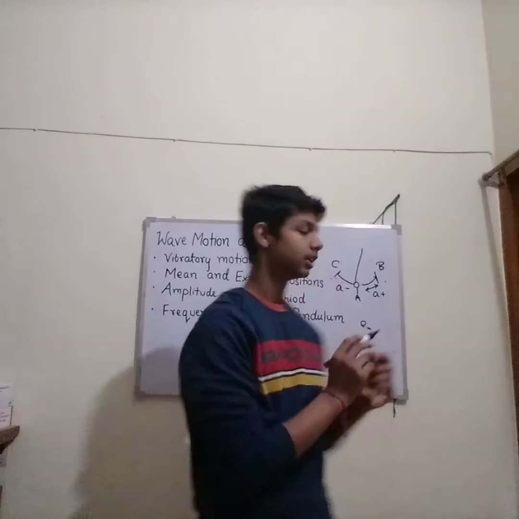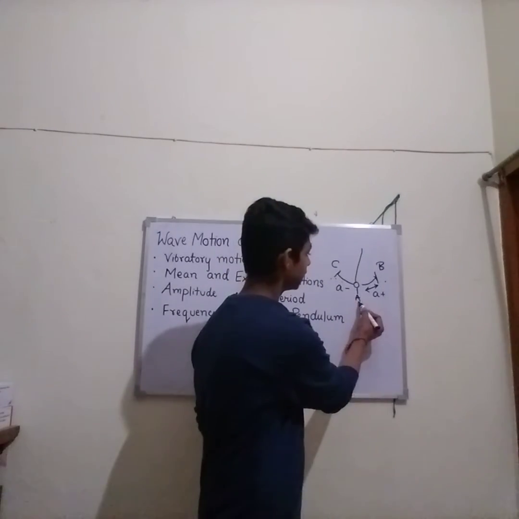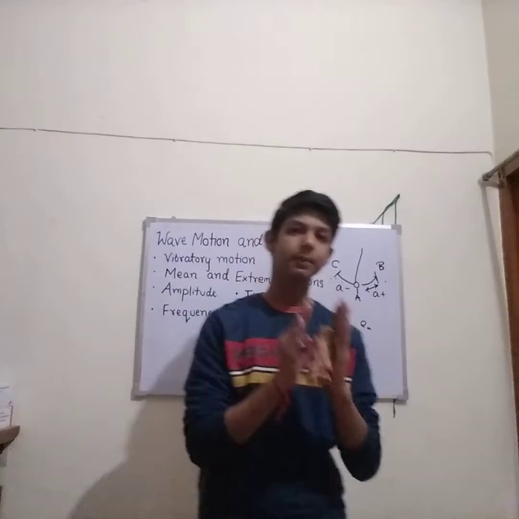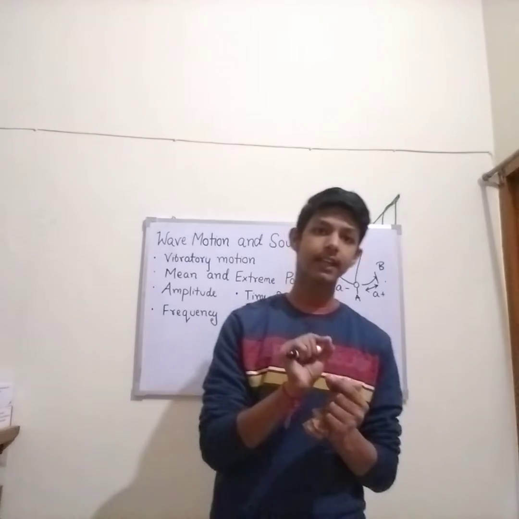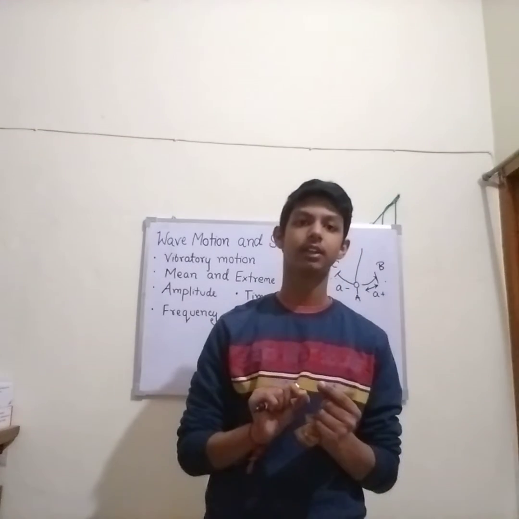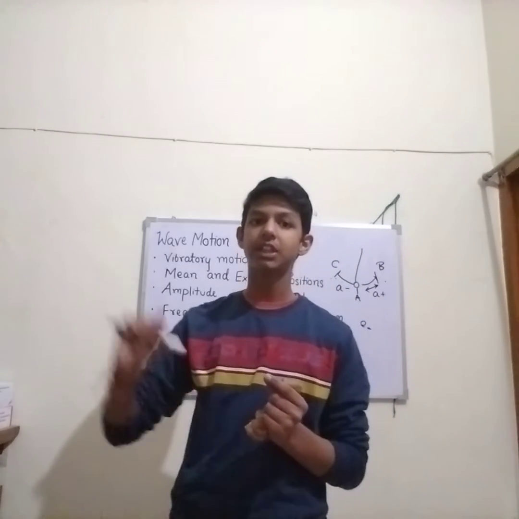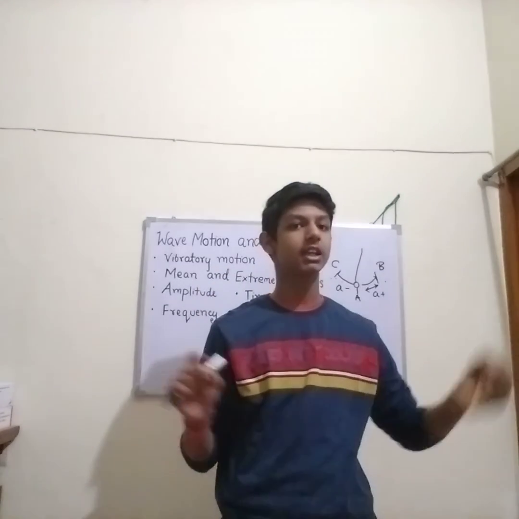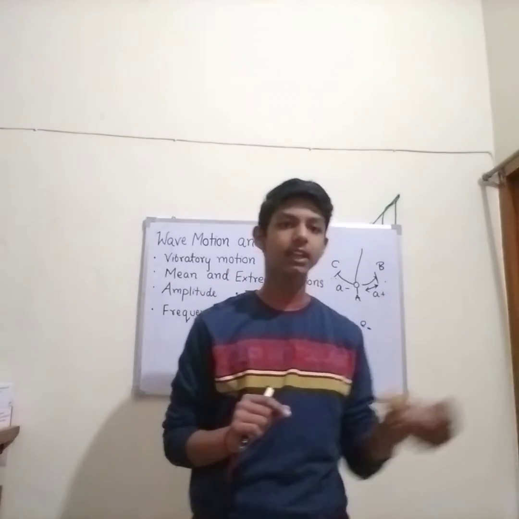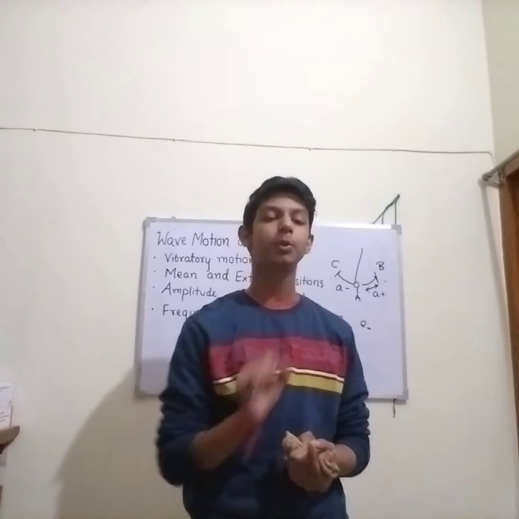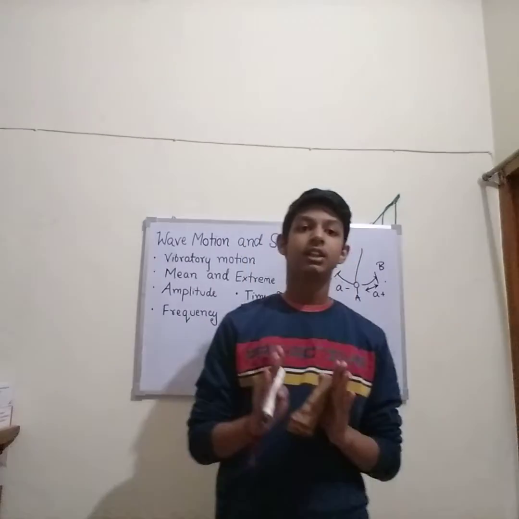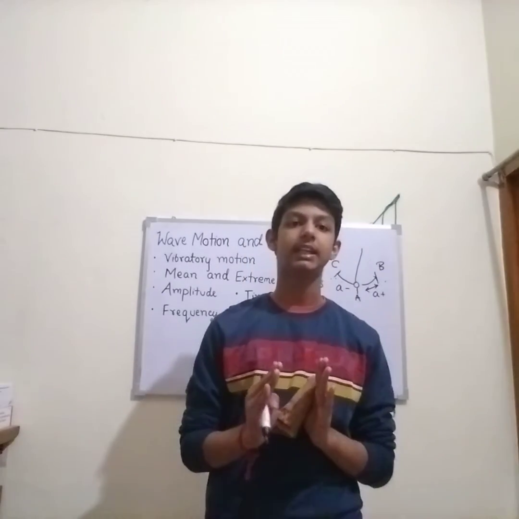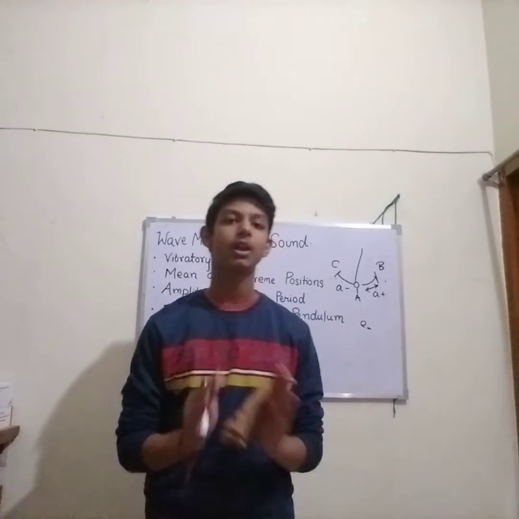Which means from the time when the bob is in the mean position, the bob starts moving, touches one extreme position, comes back and touches the other extreme position, and again comes to rest at the mean position. This whole time taken is called the time period of a simple pendulum.